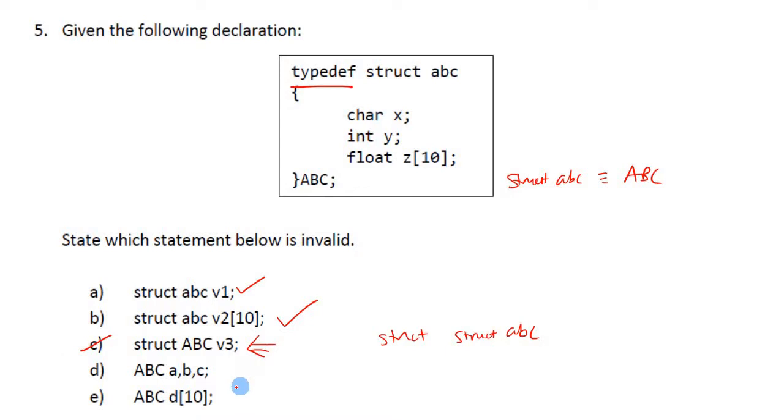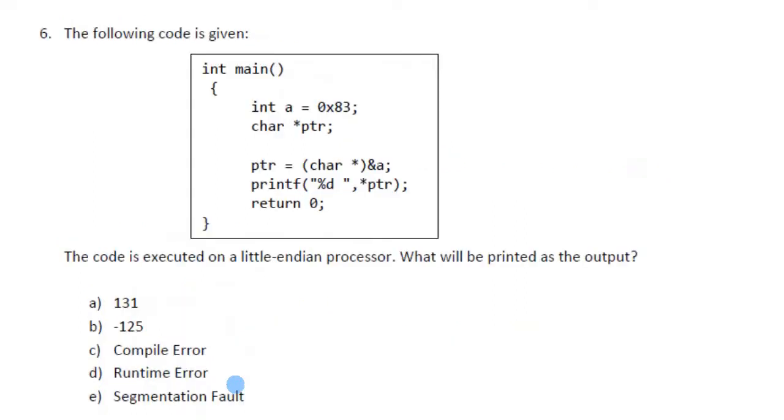Capital ABC is equivalent to struct ABC, so it's 3 structure variables, and this is a structure array, an array of structures. So this is question 5. The statement which has an issue is statement C.